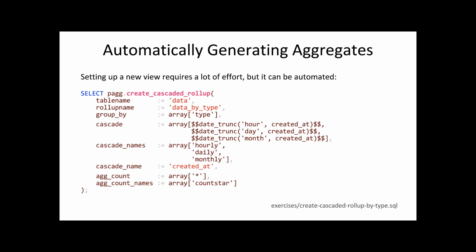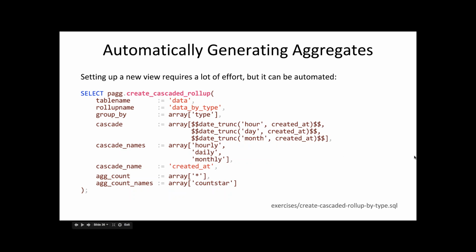So we actually wrote a little tool that you'll find in this GitHub repository, and it's an example. I wouldn't recommend using it in production, but just to see how you could write something like that. And this is purely in SQL. This creates a cascaded rollup where if you call this function, it uses the data table and creates a rollup called data by type, which is just all the data grouped by time, like hour, day, or month, and by type.